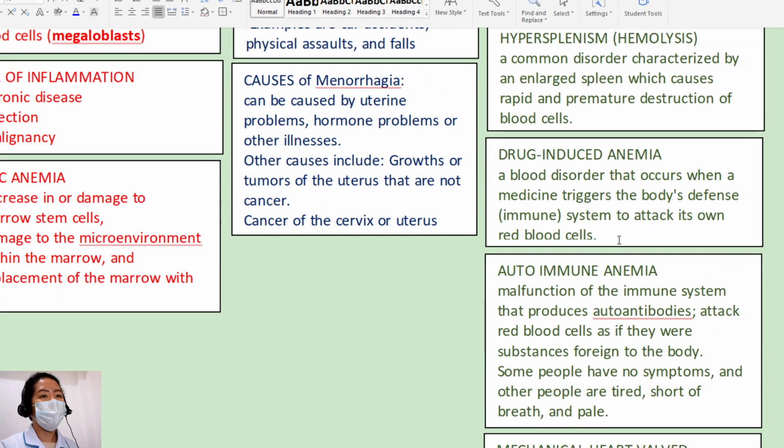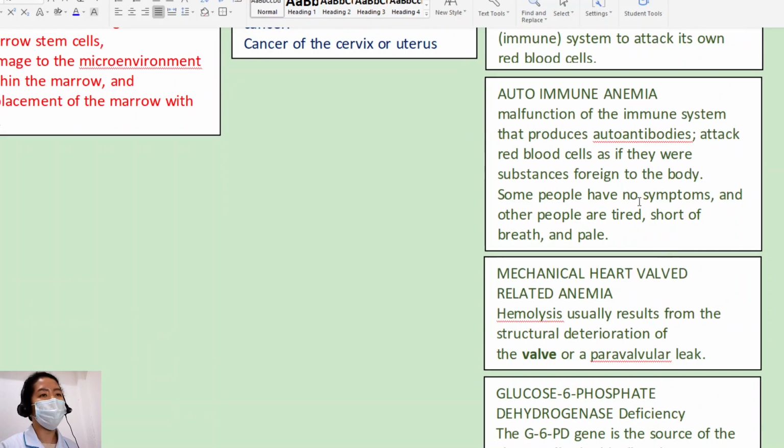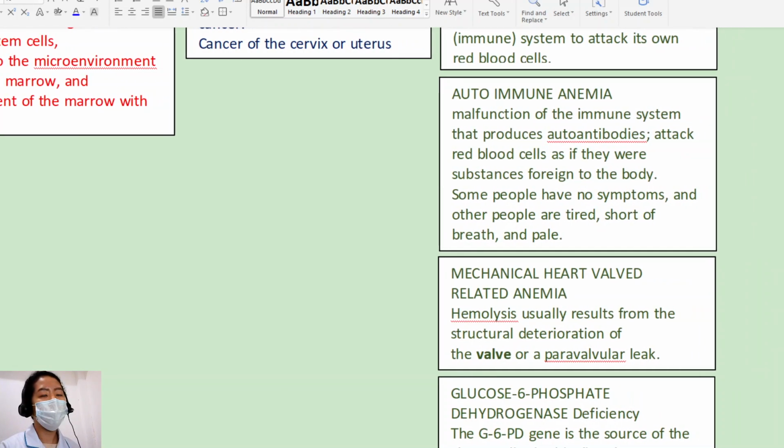Then drug-induced anemia, a blood disorder that occurs when a medicine triggers the body's defense system to attack its own red blood cells. Autoimmune anemia, malfunction of the immune system that produces antibodies that attack red blood cells as if they were substances foreign to the body.